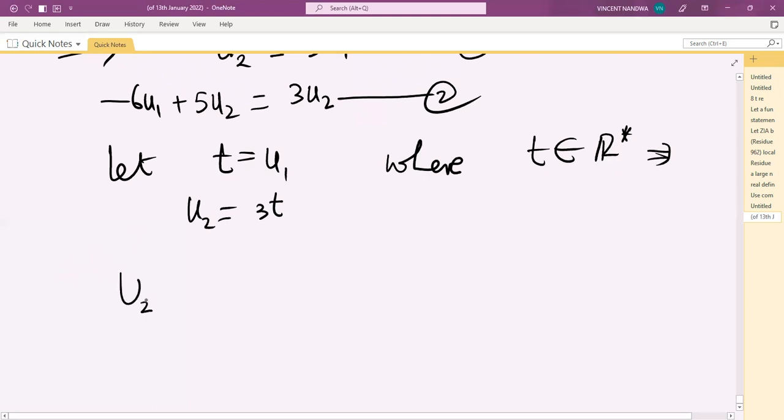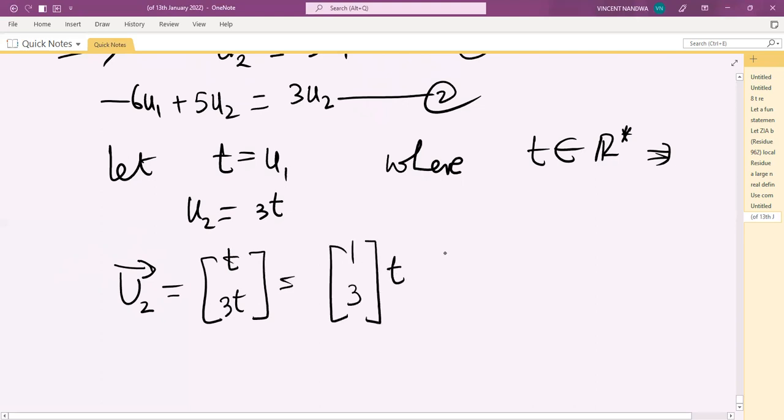So the vector will be given by [t; 3t], which will be [1; 3] times t. Then letting t to be 1, then u2 will be the vector [1; 3].